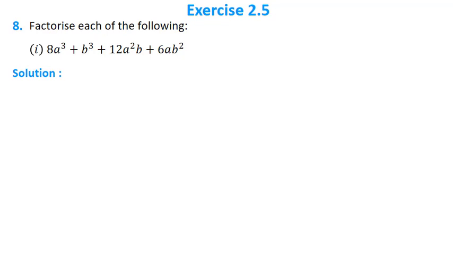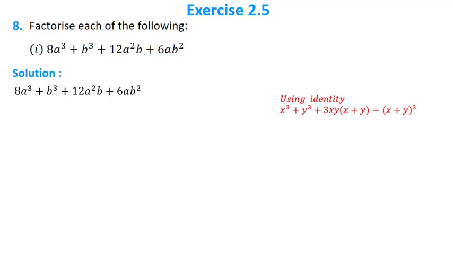Now here we have to factorize. If you look at this expression, it is of the form x cube plus y cube plus 3x square y plus 3xy square. So this is nothing but the formula for x plus y the whole cube. So we are going to express these terms as x cube plus y cube plus 3xy in bracket x plus y.